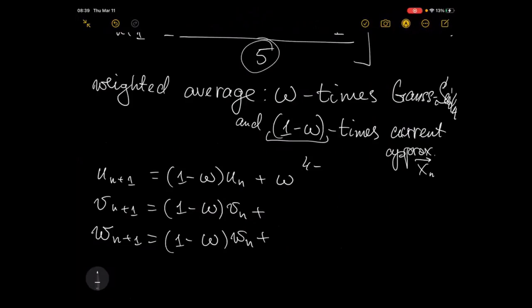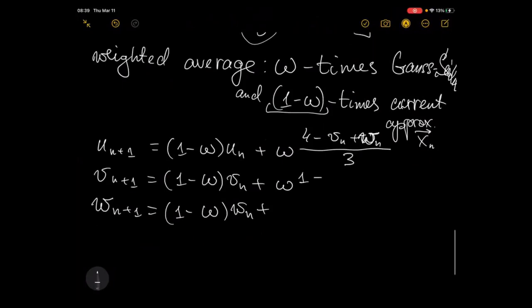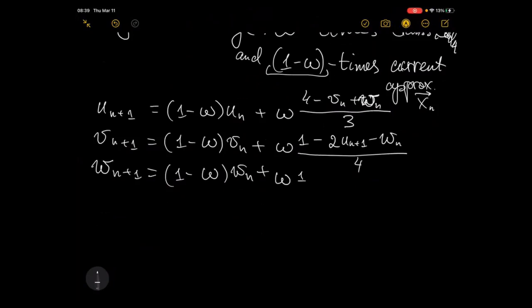So this is (4 minus v_n plus w_n) divided by 3, plus omega times (1 minus 2u_{n+1} minus w_n) divided by 4, and here omega times Gauss-Seidel (1 plus u_{n+1} minus 2v_{n+1}) divided by 5.